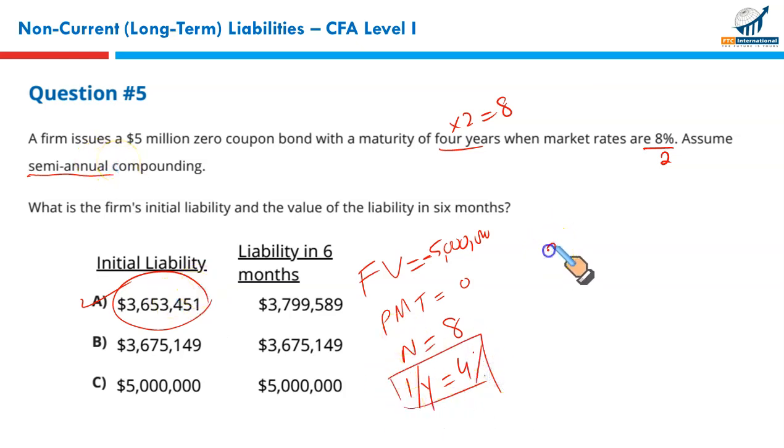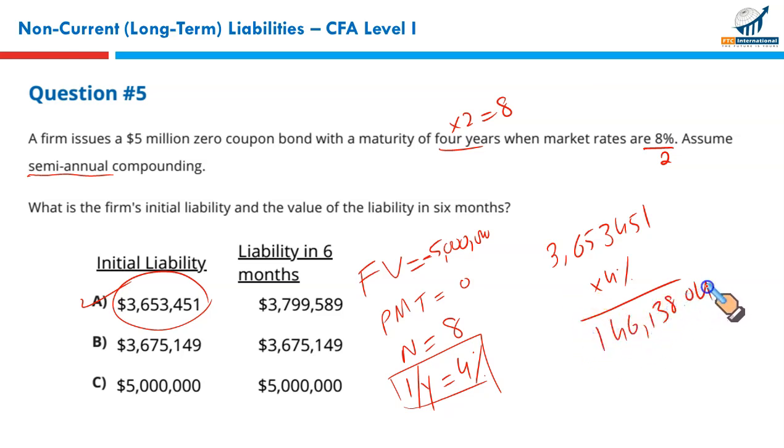So simply what you will do, 3653451 multiplied by 4%. Whatever the result comes is your liability to be added in the bond. It is 146,138. So this is the initial liability and this is the interest accrued.